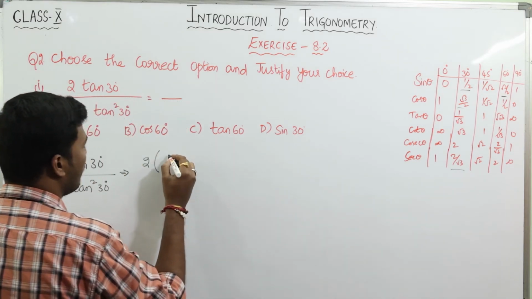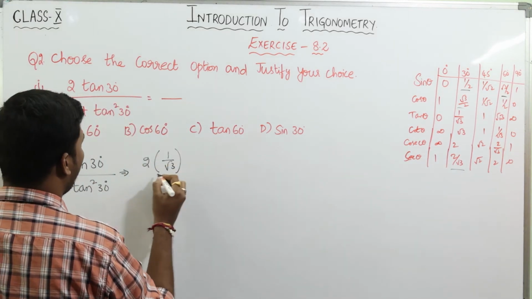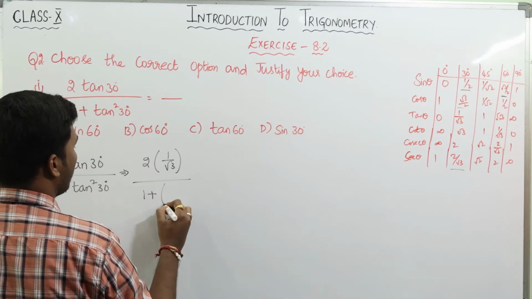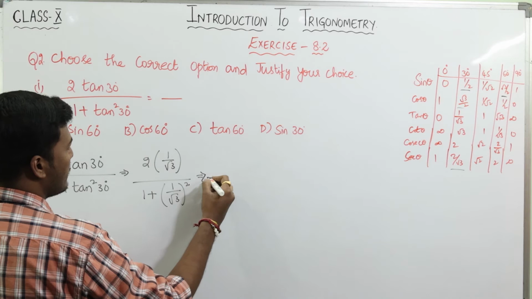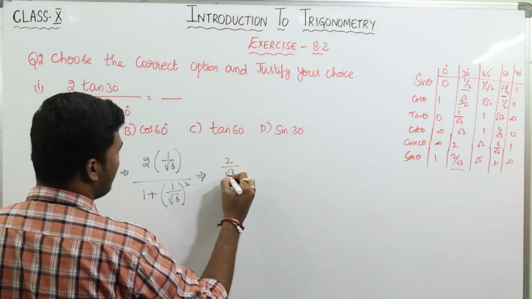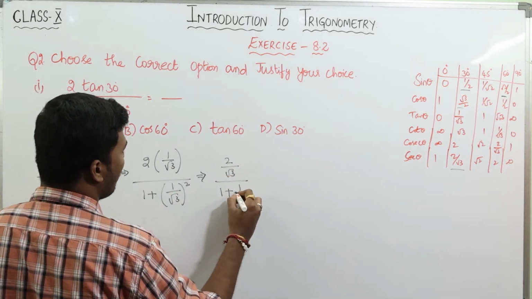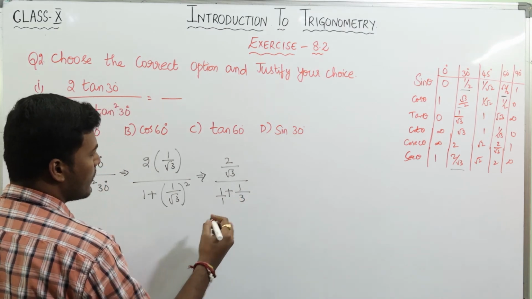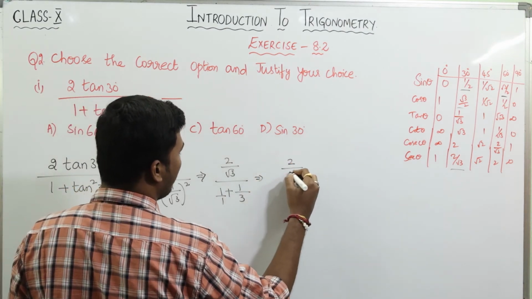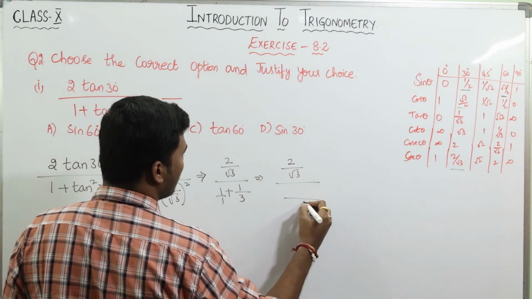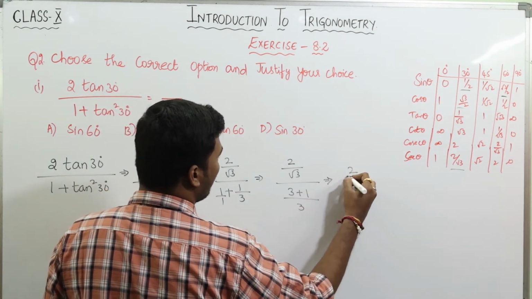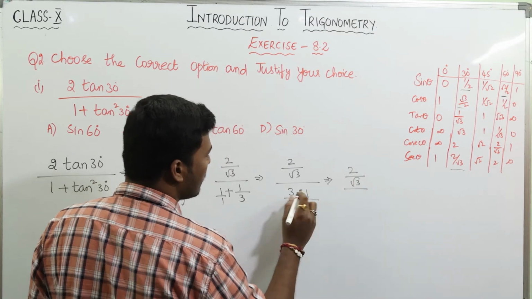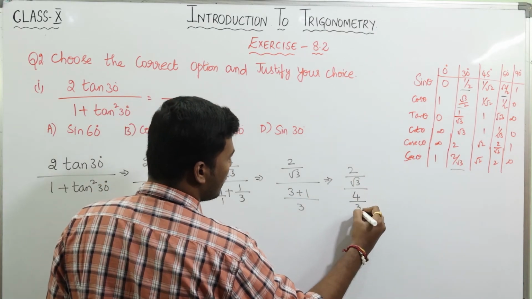Tan 30 is 1 by root 3, by 1 plus what is tan square 30? Again 1 by root 3 whole square. Then this implies 2 by root 3 by 1 plus 1 by 3. Okay, this implies 2 by root 3 by, 3 is the LCM, 3 plus 1, which implies 2 by root 3 by 3 plus 1 is 4 by 3.